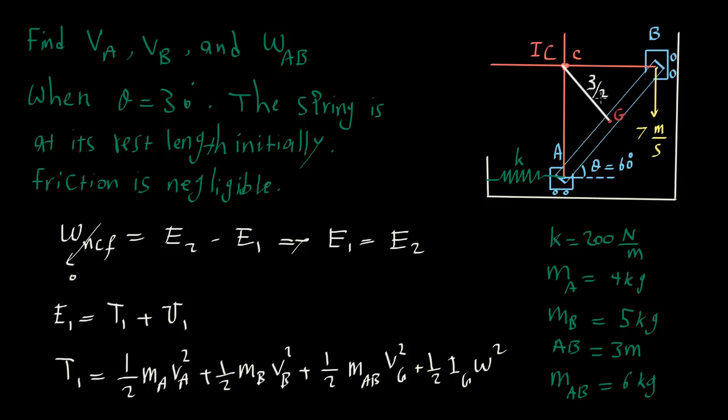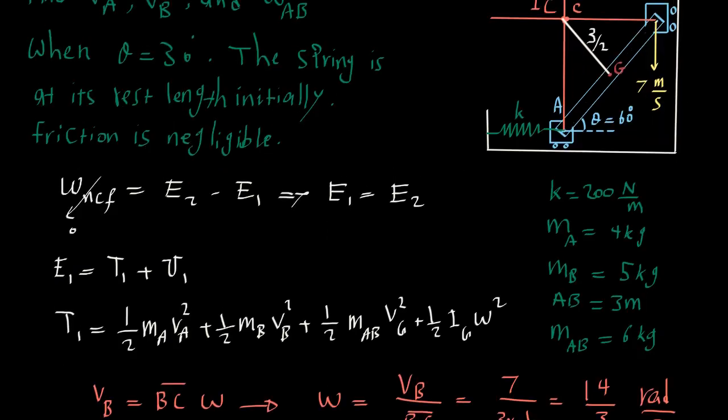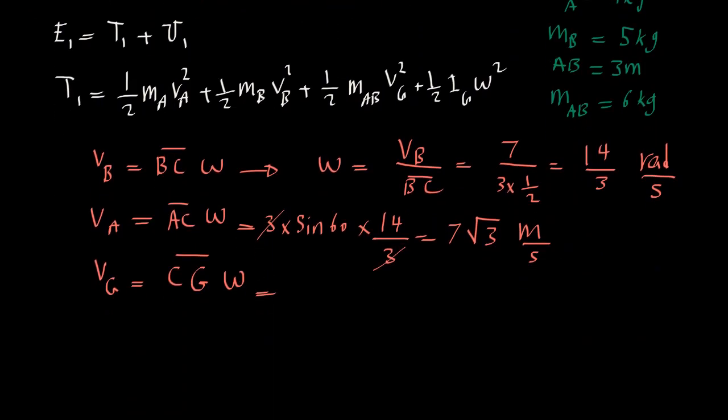A little geometry here. So we can say that this would be 3 over 2 times 14 over 3, which is omega, and this would be 7, again meter per second. Now that we have all the velocities, we should be able to calculate this term.